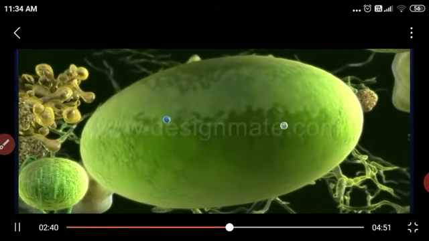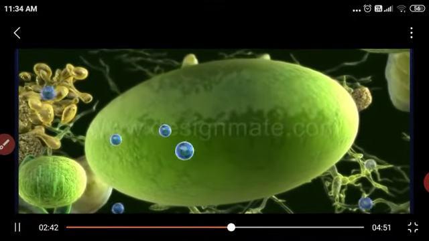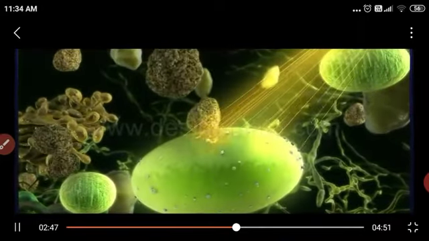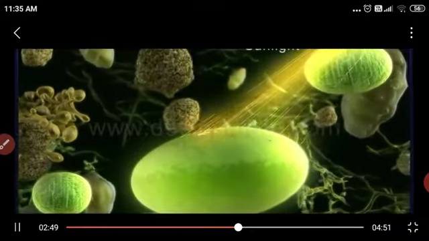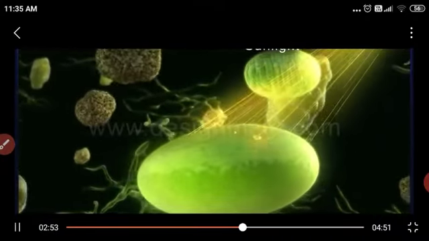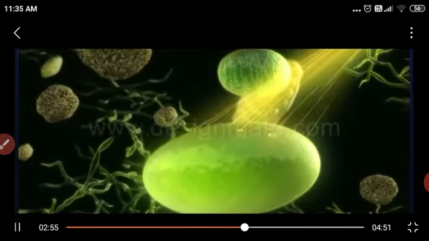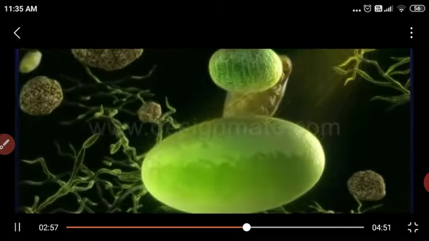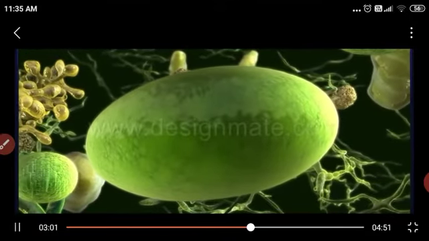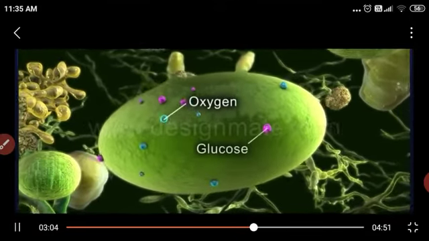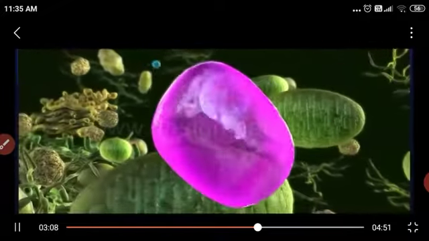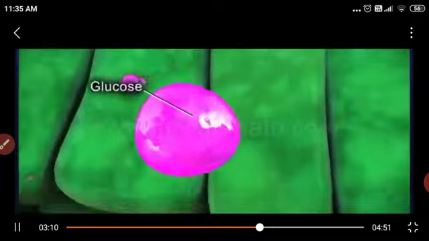In the process of photosynthesis, in the presence of water and carbon dioxide, the chlorophyll pigment in the chloroplast traps the sunlight, and the plant makes food as glucose and releases oxygen. These glucose molecules are transported to all parts of the plant through the phloem tissue.